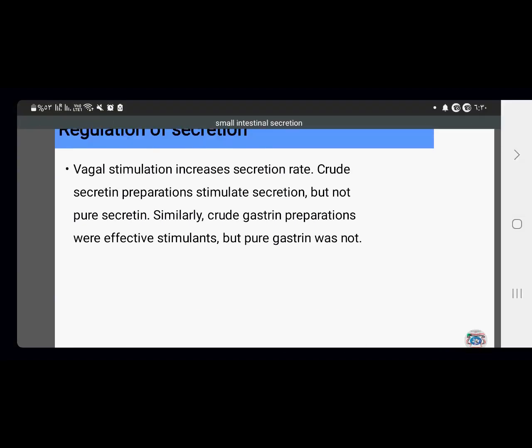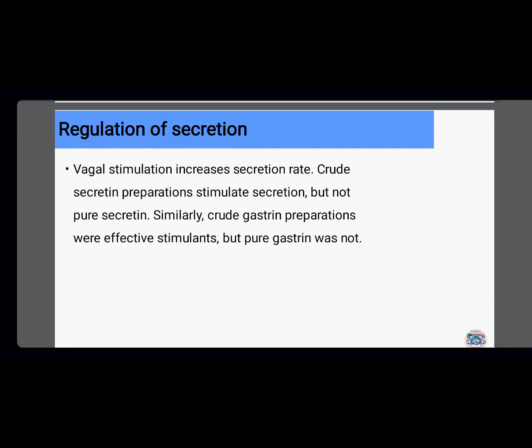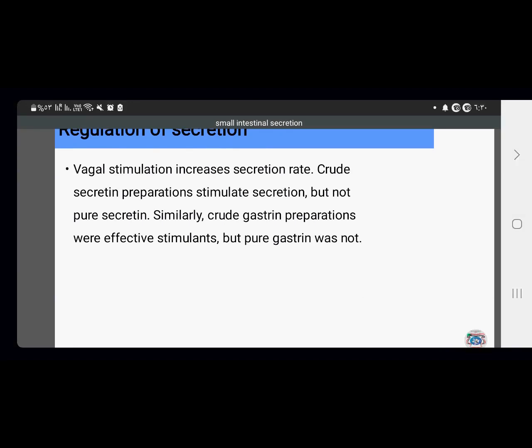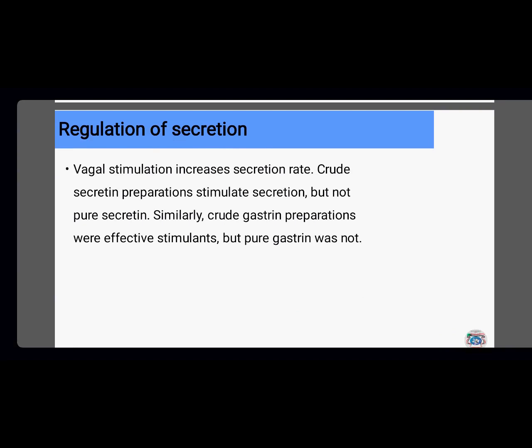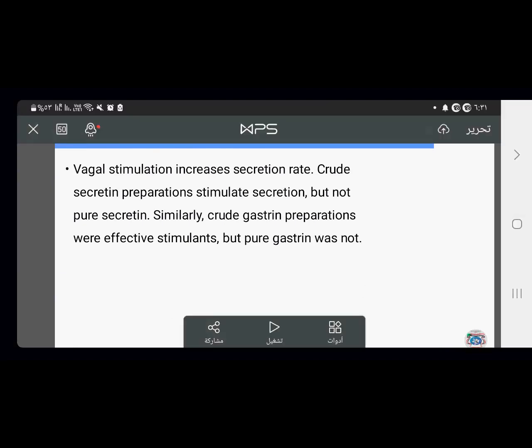Vagal stimulation increases secretion rate, but some scientists say that crude secretin preparation stimulates secretion, but not pure secretin. Similarly, crude gastrin preparations were effective stimulants, but pure gastrin was not.